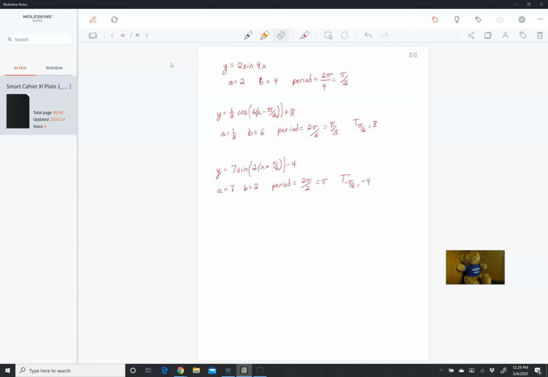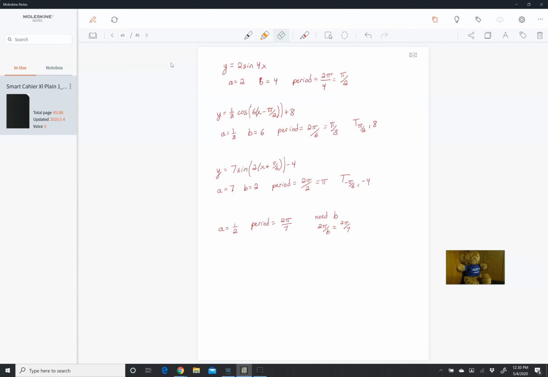And if you're told instead the amplitude is 1/2, the period is 2 pi over 7, and no translation, then if we want the graph, we need b. So 2 pi over b is equal to the period, which is 2 pi over 7.